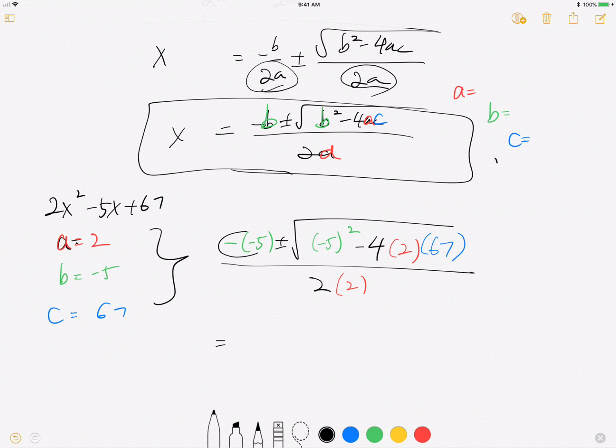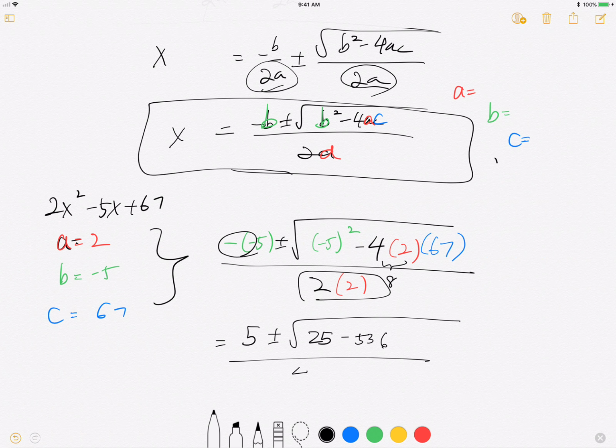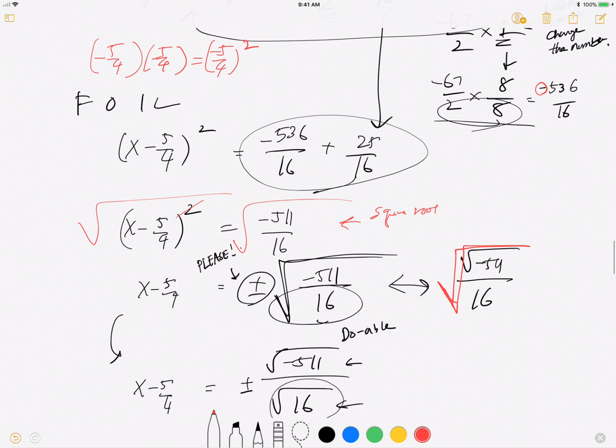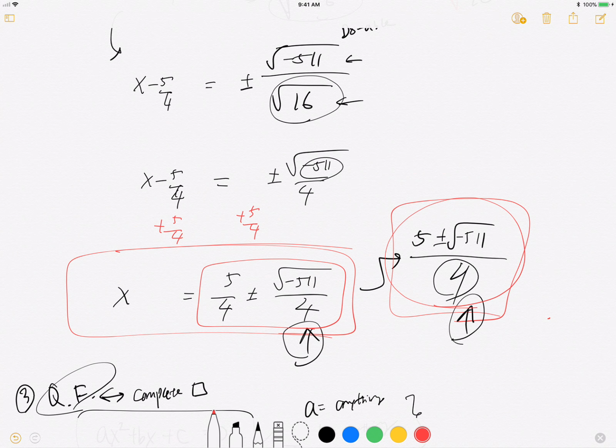These are two negatives, so it's going to be positive 5 plus and minus the square root of 25, negative 5 squared, minus 8 times 67, which gives you 536, all over 2 times 2, which is 4. So it's equal to 5 plus and minus the square root of negative 511 over 4. And lo and behold, that same number is what we got when we did up here.